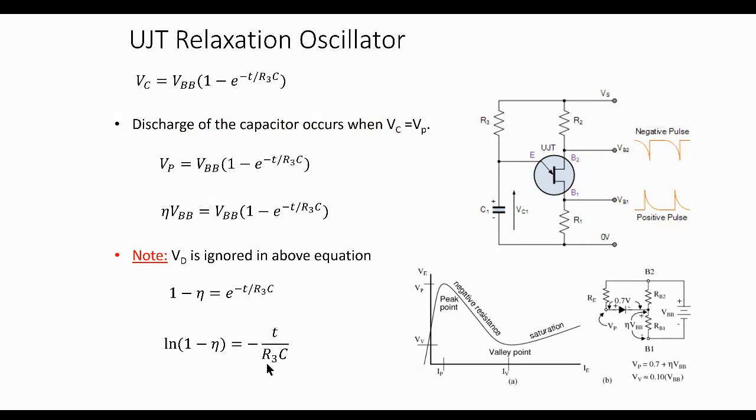That's just minus t over the time constant. So we can make t the subject of the formula now. That's very simple. So t is equal to the time constant multiplied by the natural log of 1 minus eta, the standoff ratio, sorry.